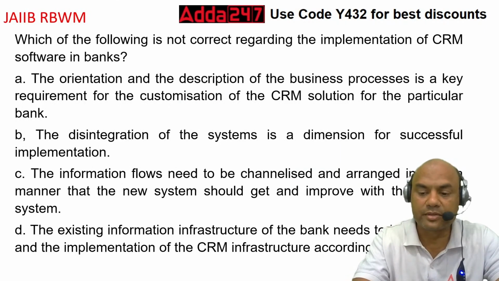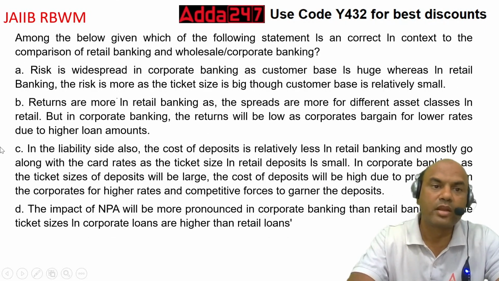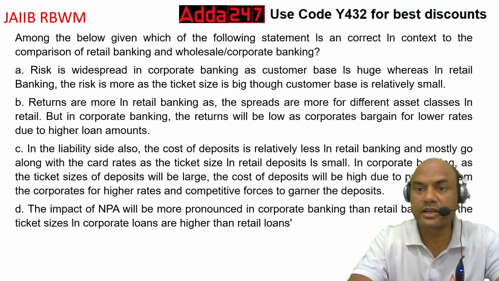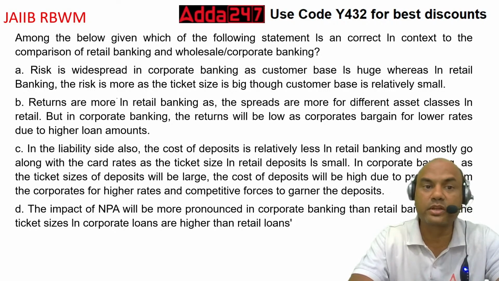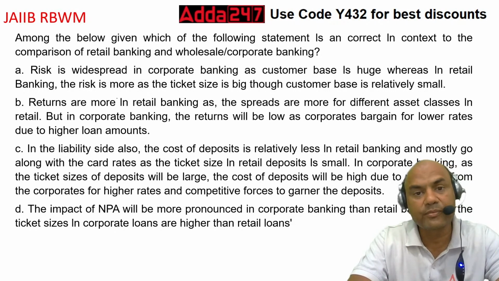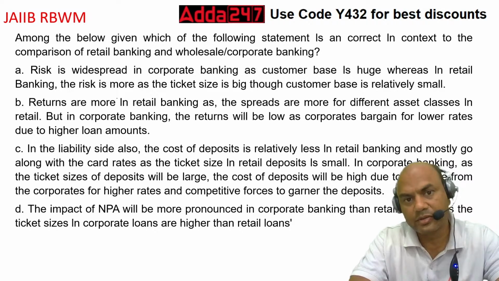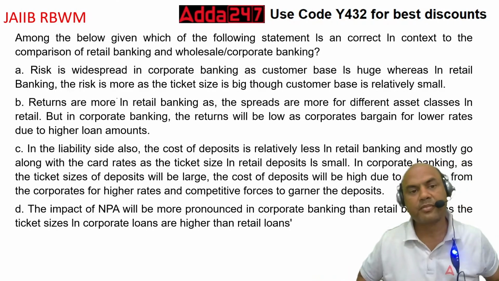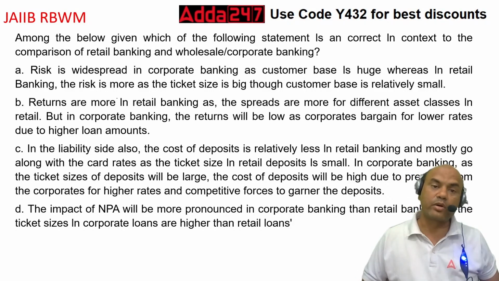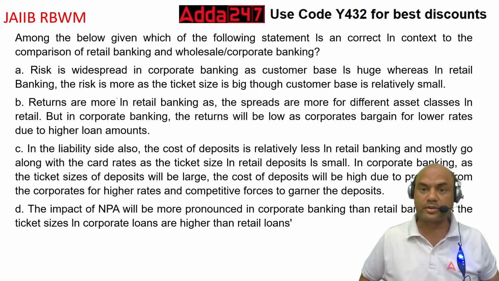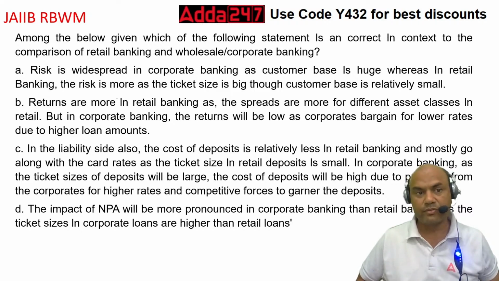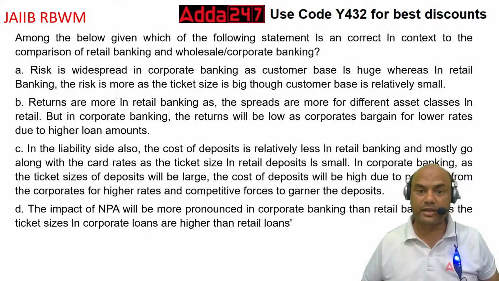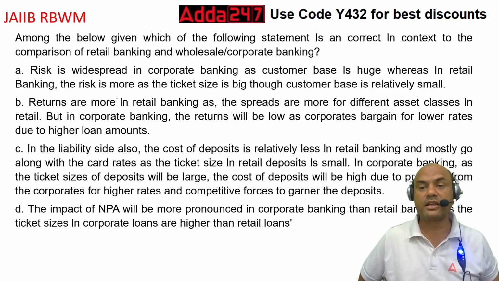Now this is a big one. Among the below given, which of the following statement is correct in context of the comparison between retail banking and corporate banking? Let's see. Risk is widespread in corporate banking as customer base is huge, whereas in retail banking, the risk is more as ticket size is big, though customer base is relatively small.